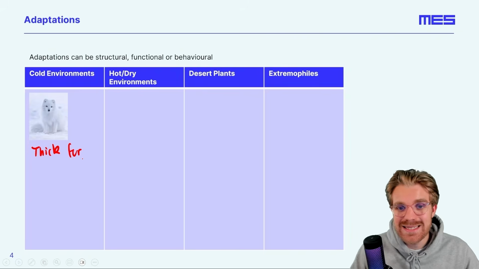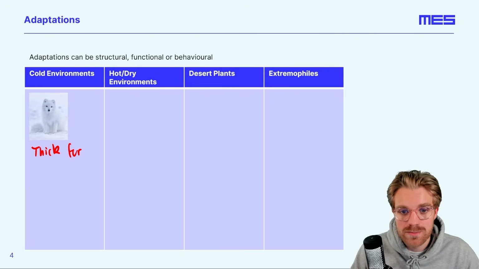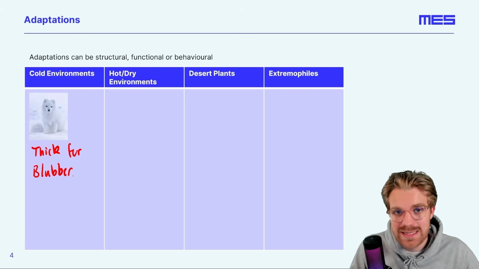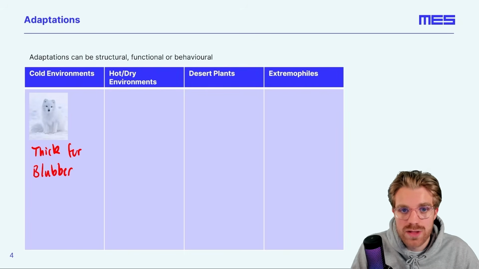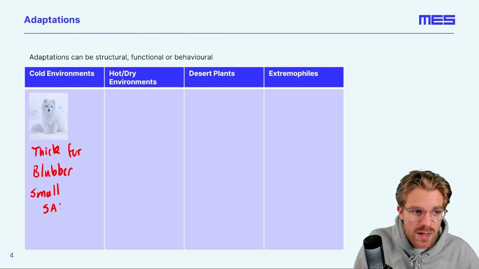It acts as an insulating layer, and that increases the distance that the thermal energy has to pass before it can be transferred to the air surrounding the animal. They also have blubber or a thick layer of fat, again acting as an insulating layer, reducing the loss of thermal energy. They also have a small surface area to volume ratio.